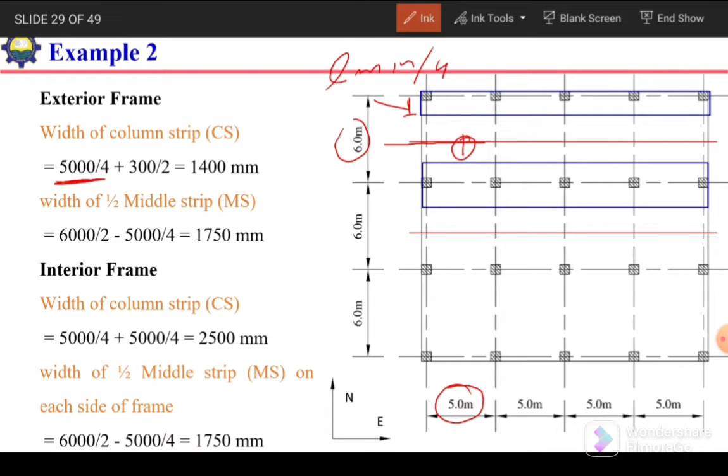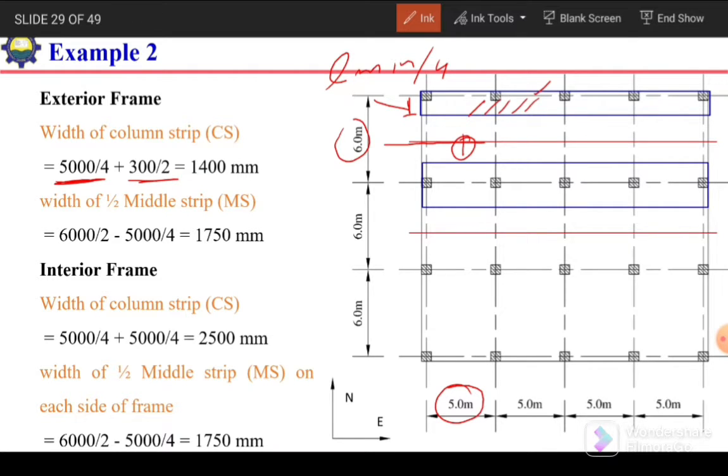So it is 5000 divided by 4. This is actually from the center line of the column up to this blue line. But we have the projection of this slab up to the face of the column, so we also need to add that portion in the column strip. So we need to add this 300 by 2.